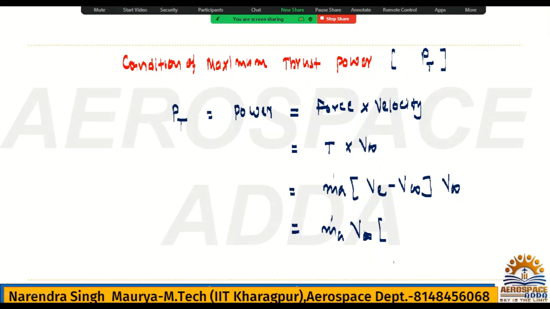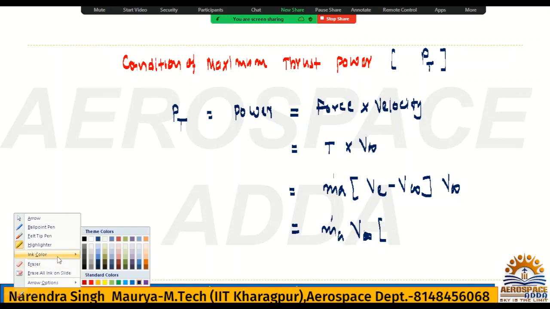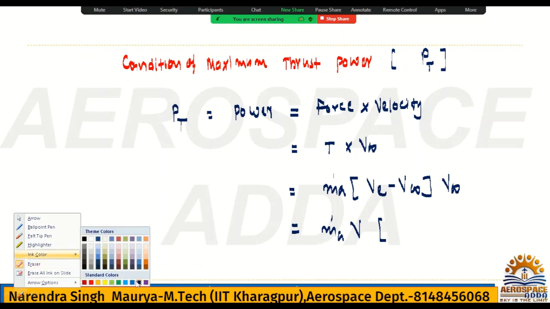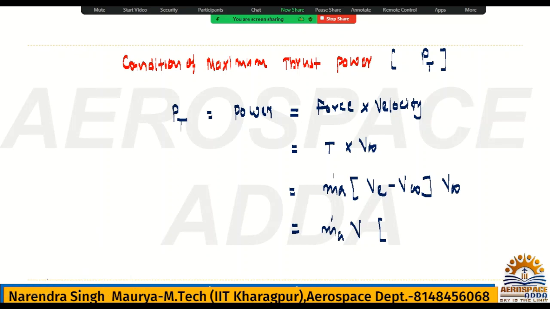Aircraft speed by v infinity by ve was alpha, right? So we'll take ve common, because I just want to write in the format of alpha. If you remember, alpha was the aircraft speed divided by exhaust speed. So taking ve common, it will be 1 minus v infinity divided by ve, into v infinity.